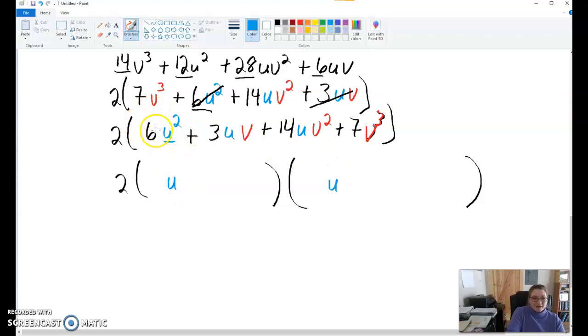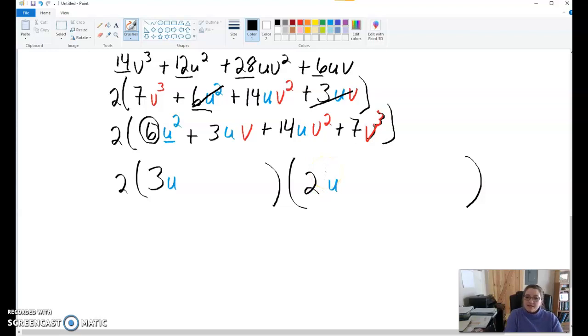So the next thing I'm going to look at is, how do I get this 6 term? Well, I know 2 times 3 is going to be 6. So I'm going to try and start out by putting my 3 here and a 2 here.